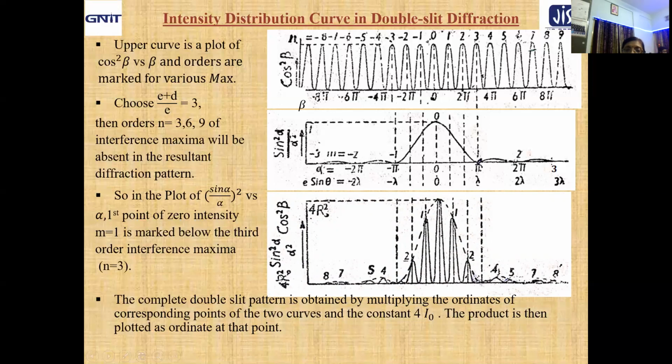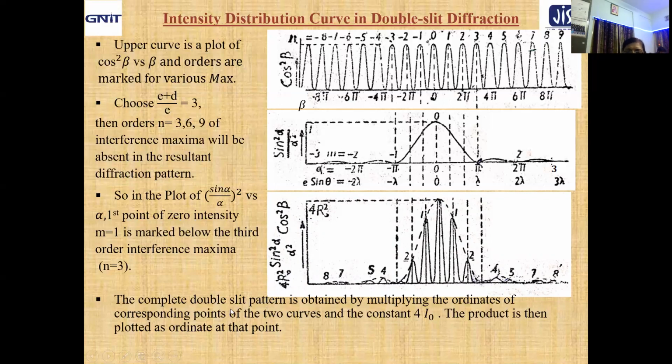Okay. So this is the complete double slit pattern which is obtained by multiplying the ordinate of corresponding points in two curves. What about this? Sine square alpha by alpha square into cos square beta. So here you are getting sine square alpha by alpha square into cos square beta. Along with that, 4I0 or 4R0 square term is arising, because you know R0 square is the amplitude square and I0 is the intensity.